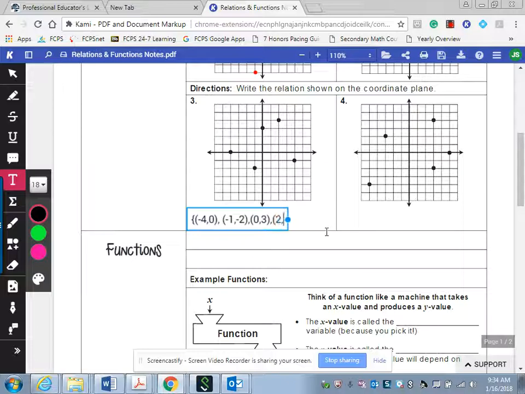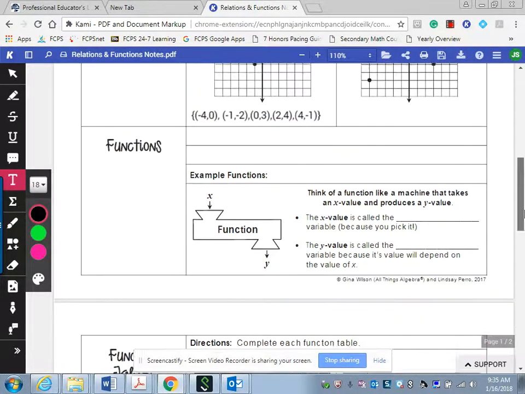So (2, 4). And then we have this last point right here: 1, 2, 3, 4, -1. So (4, -1). Now, what I want you guys to see is that by going from left to right, we did not miss any of the points. We have all 5 points in this relation. So you guys can go ahead and do number 4 on your own.